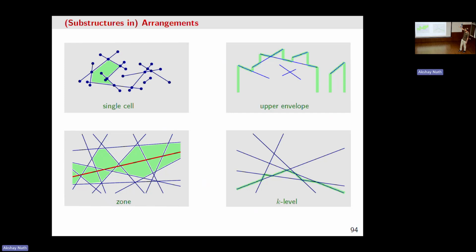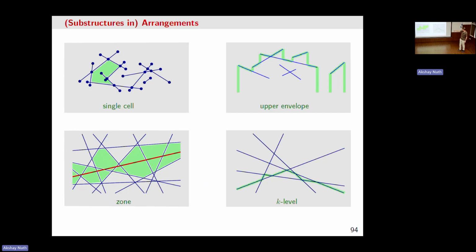In other words, if these things are x-monotone curves or line segments, you can see this as a partially defined function. Here's the x-axis, and the height is the value of the function. And this is taking the maximum over all these functions for every value of x.